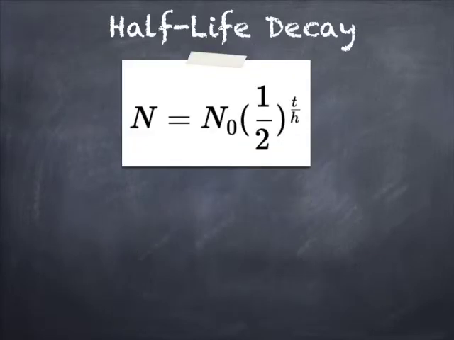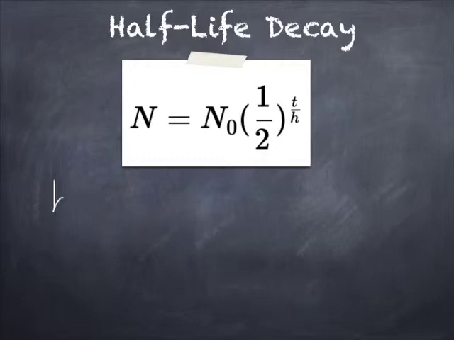Finally is the half-life decay formula. Your science teachers are going to love the fact that you've watched this video, especially your chemistry teachers. A lot of this comes out of carbon dating. Carbon dating is a way of measuring how old something is. You look at the amount of carbon-14 left in something. So what this formula represents is n sub 0 is your amount.